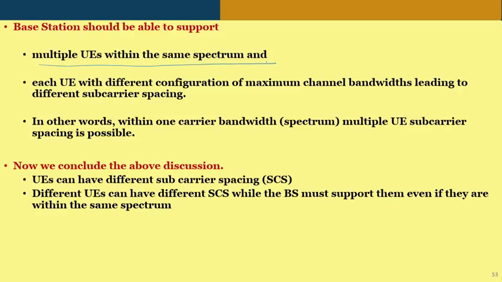It also means that each UE, with a different configuration of maximum channel bandwidth, leads to different subcarrier spacing. In other words, within one carrier bandwidth from the base station's perspective, multiple UE subcarrier spacings are possible. So, what we conclude overall is that different UEs can have different subcarrier spacing, while the base station must support them even if they are within the same spectrum.